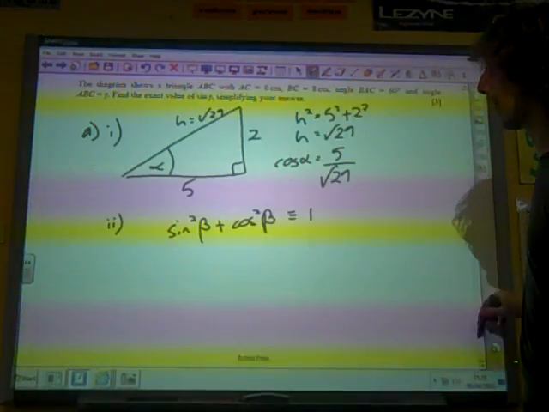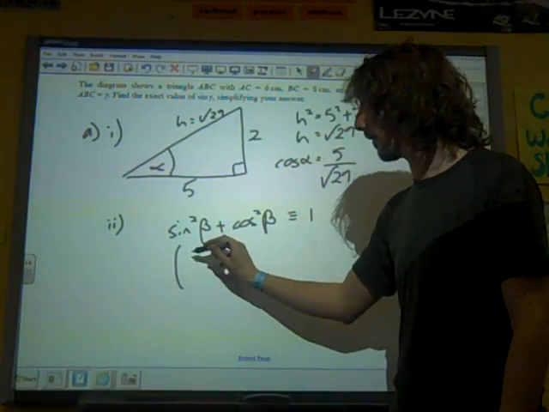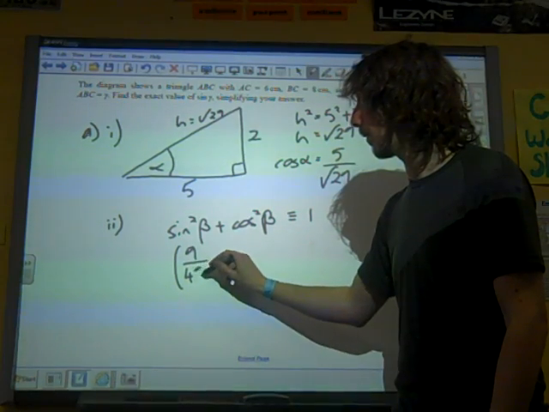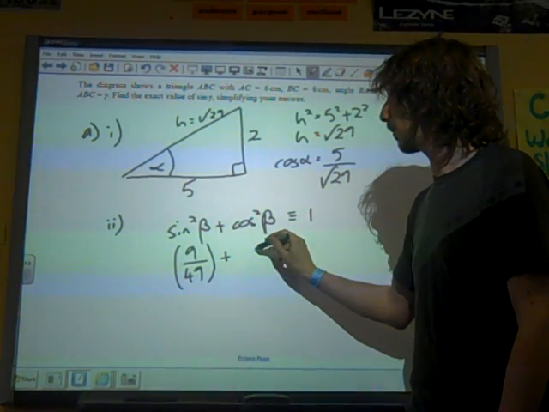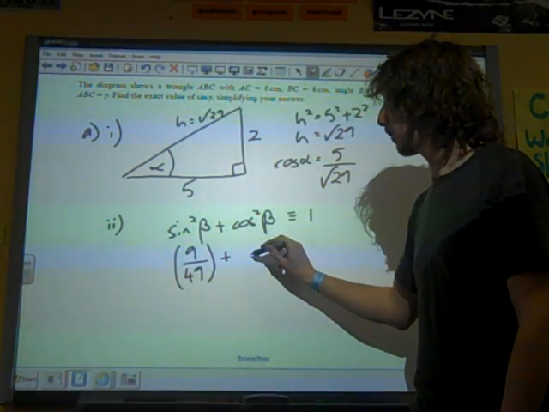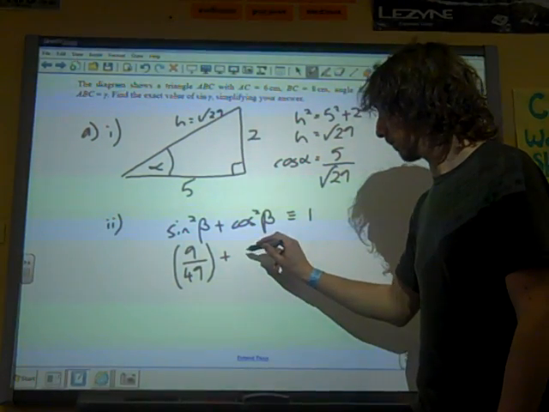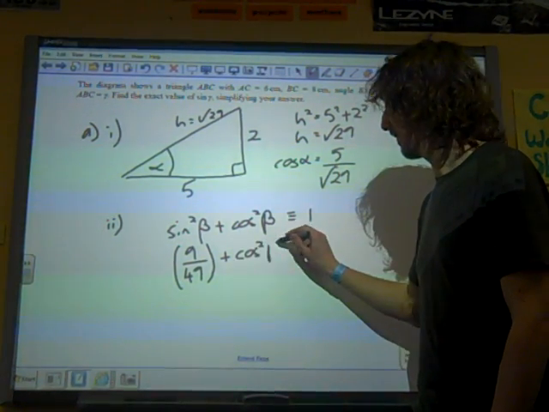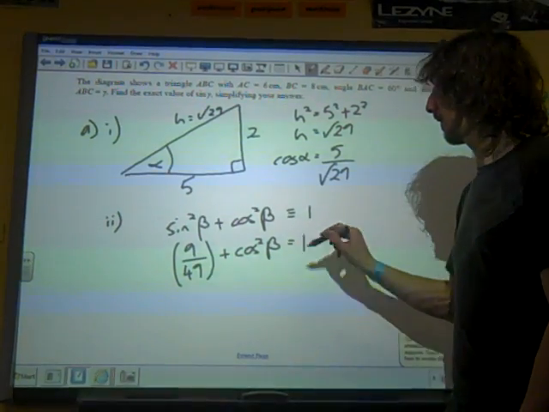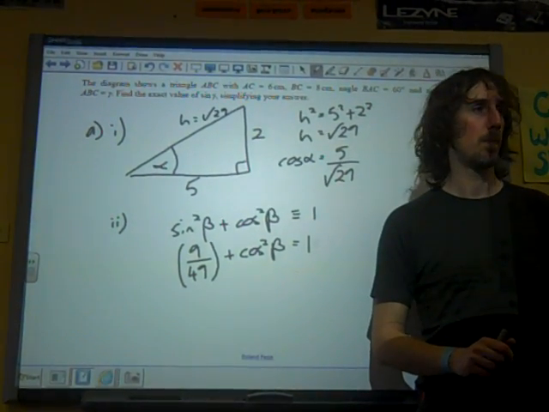Sine beta is 3/7, so sine squared is 9/49. So that must be true.